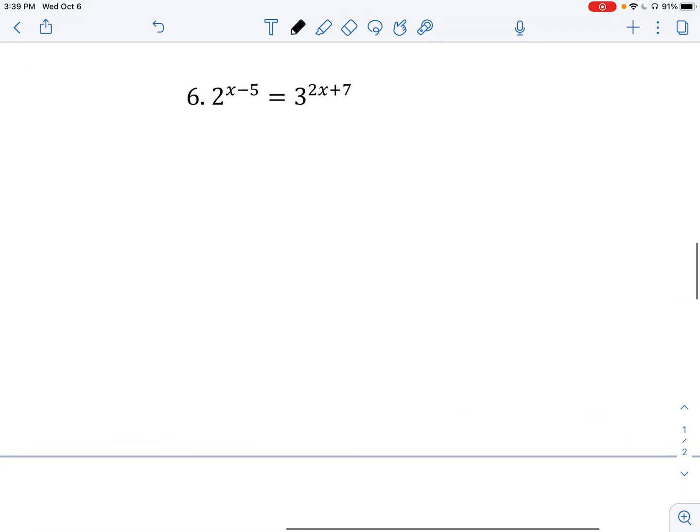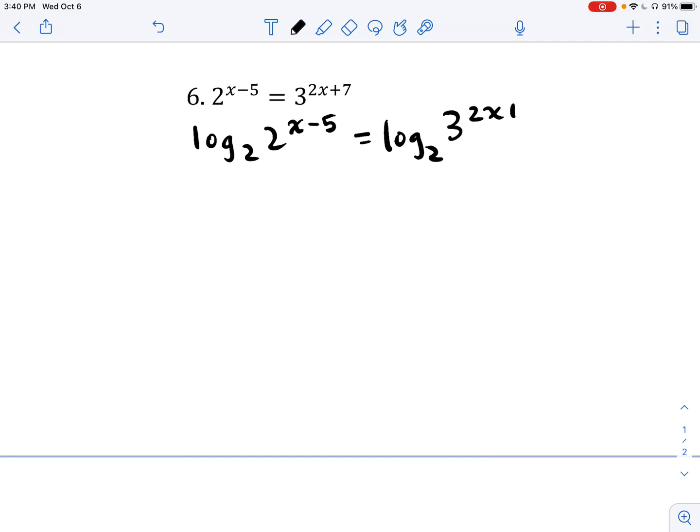For number 6 here, I notice that both sides have different bases. That's not anything new, but I do know I'm going to want to take the log of both sides. Doesn't matter which log we do. I'm just going to say log base 2 of both sides. And that's only going to help me on one of the two sides, but hey, one is better than nothing.